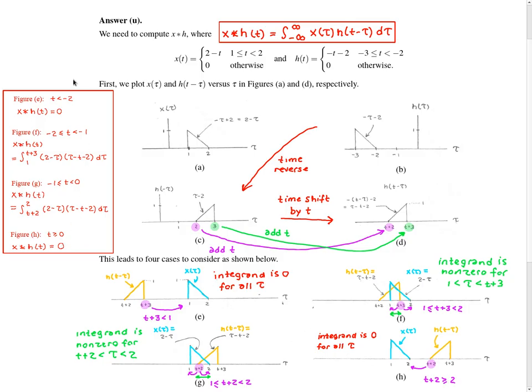So if we look at what we have here in summary, we've covered all possible values for t, because here we have t less than minus 2, and then going from minus 2 to minus 1, and then going from minus 1 to 0, and then going from 0 onwards. So this covers all possible real values for t, therefore we have all the possibilities for what the convolution is equal to, and this basically completes our solution.